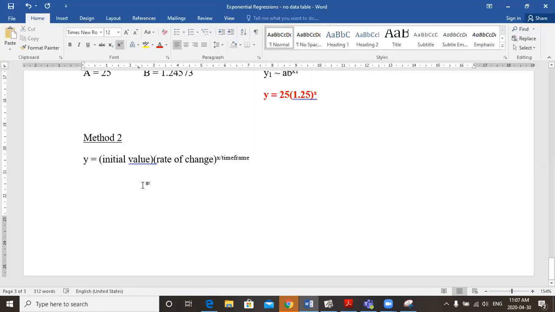So our initial value, so y equals our initial value, 25, times the rate of change, which is tripling, 3, to the power of x over the time frame, so every 5 hours, x over 5. So we would have y equals 25 times 3 to the power of x over 5. That would be an equivalent model.